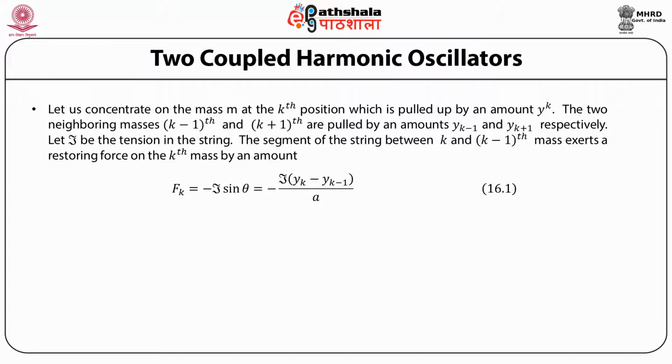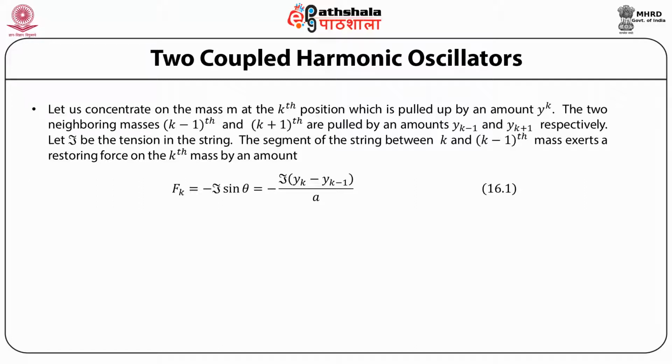The segment of the string between the kth and (k-1)th mass exerts a restoring force on the kth mass given by this force F_k equal to minus T sin theta. T is the tension in the string, theta is the angle which the string makes with the horizontal, and the negative sign denotes a restoring force.